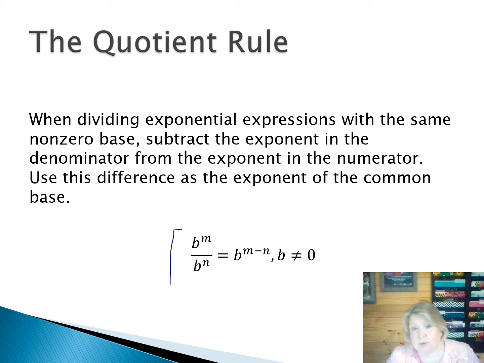Now, here's the way it's stated in algebra. And this part right here, a lot of people want to leave off, but that is very critical. That is the part up at the top that said the same non-zero base. You cannot have 0 in the denominator because the first commandment of algebra is thou shalt not divide by 0.